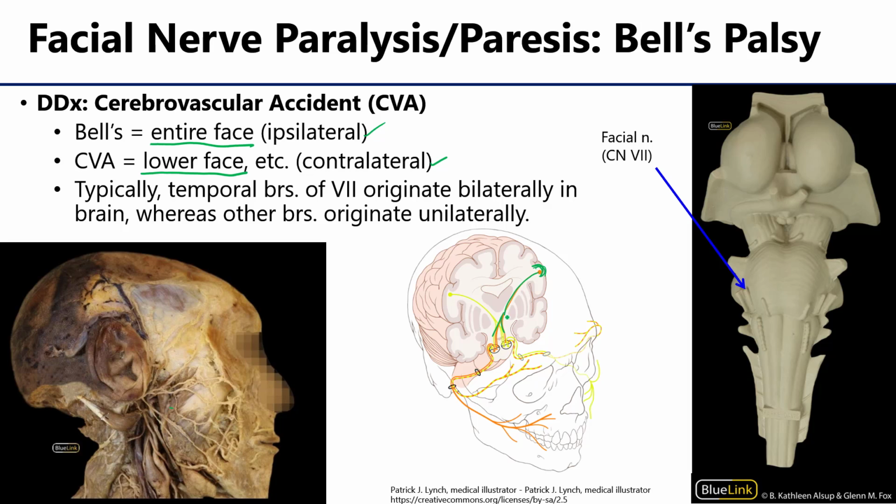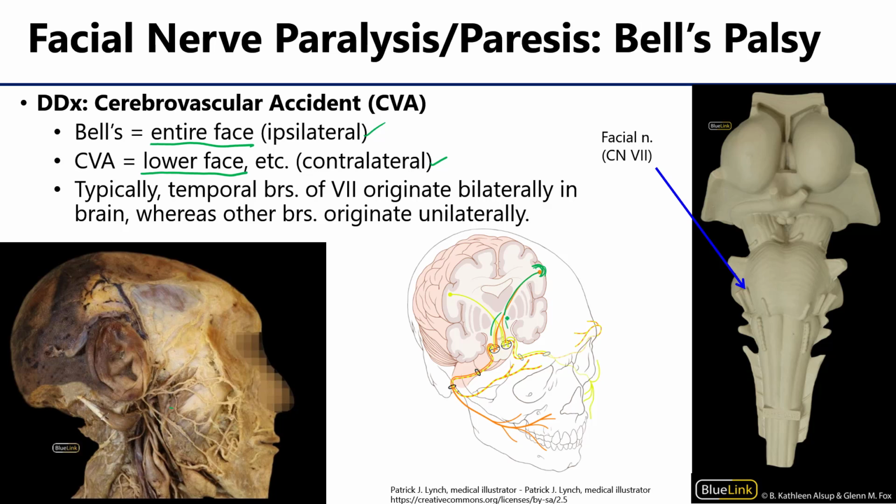So notice here, and let me erase this so that we can see it a little more clearly. Most of the orange is heading over here to the right side of the brainstem. Some of the orange, albeit less, will be on the left side. And that's true for the right side. The right side will decussate as well.